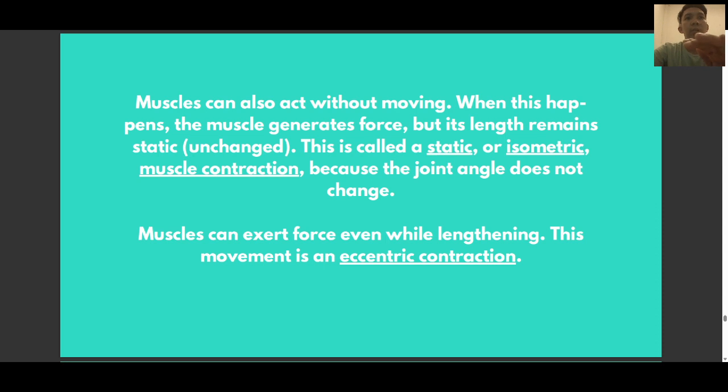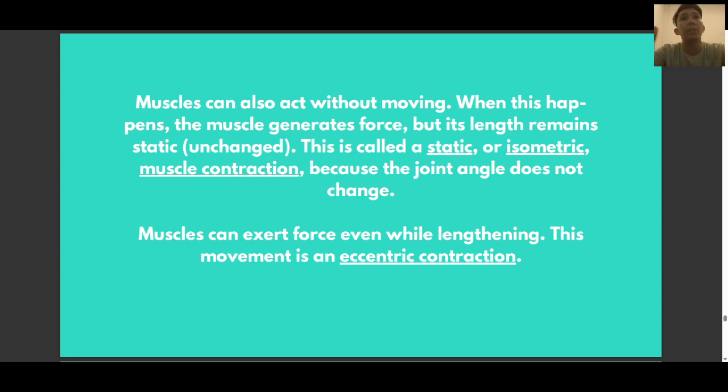Because the joint angle does not change, a static contraction occurs. For example, when someone tries to lift an object that is heavier than the force generated by the muscle, or when one supports the weight of an object by holding it steadily with the elbow flexed.